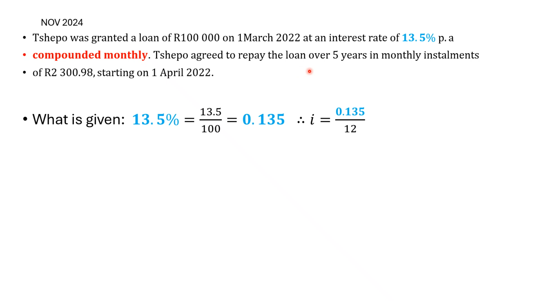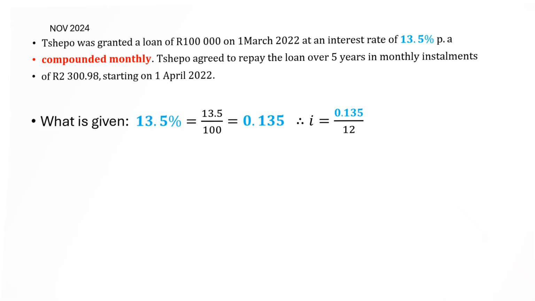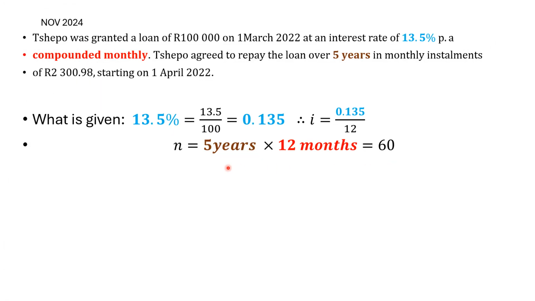Tsepo agreed to repay the loan over 5 years, so time period is 5 years. Right, so n equals 5 years times 12, compounded monthly, so he's going to repay this over 60 equal monthly installments.